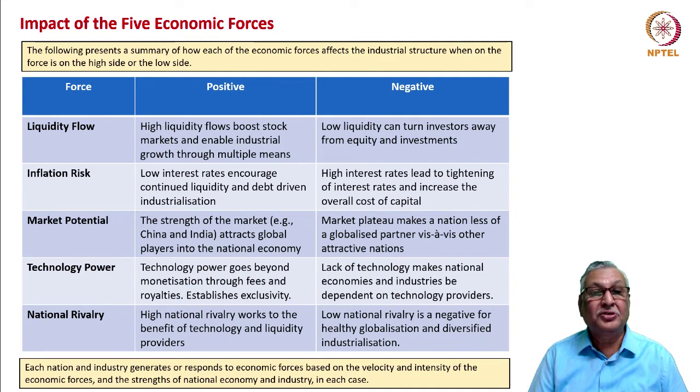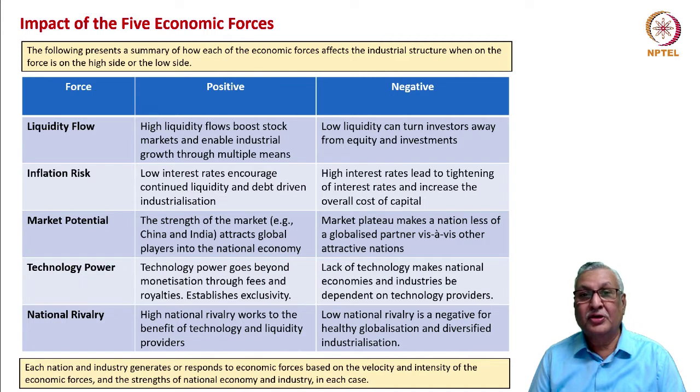National rivalry works to the benefit of technology and liquidity providers. Low national rivalry is a negative for healthy globalization and diversified industrialization. Nations must compete just as firms compete, so that liquidity, technology, economic support, financial flows move towards markets which are strong, robust, and capable of absorbing all of this.